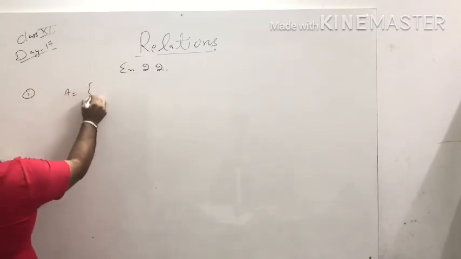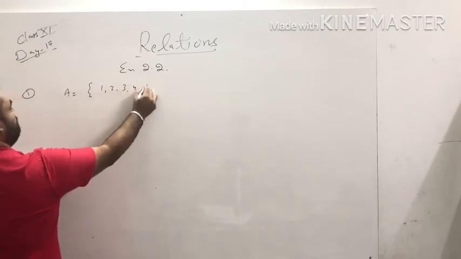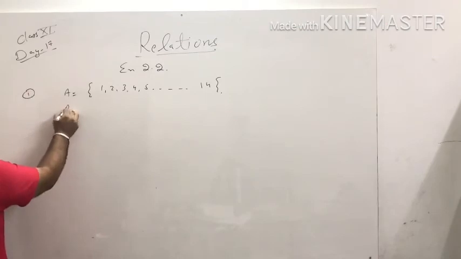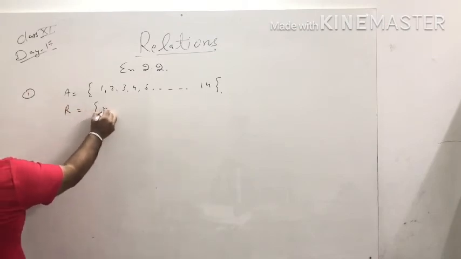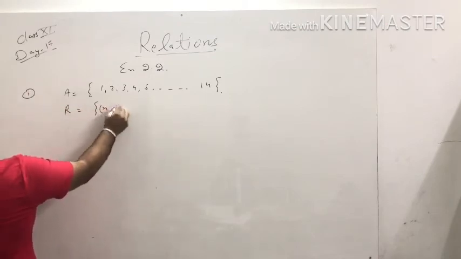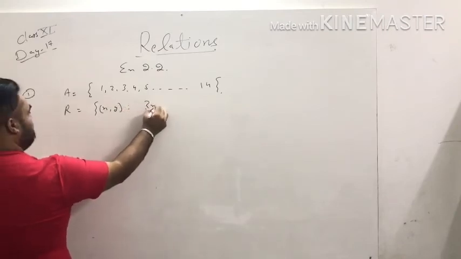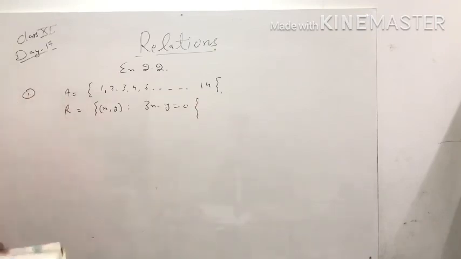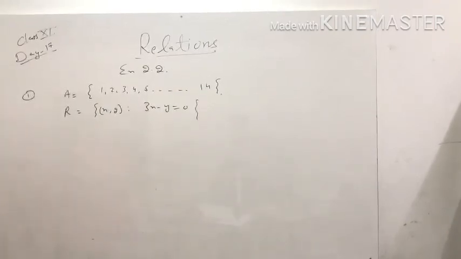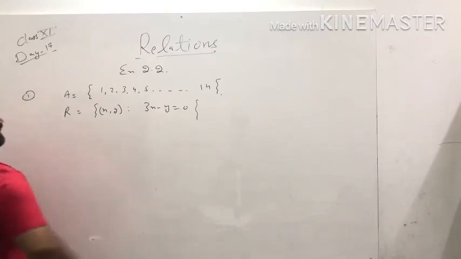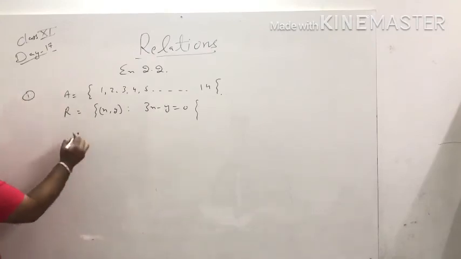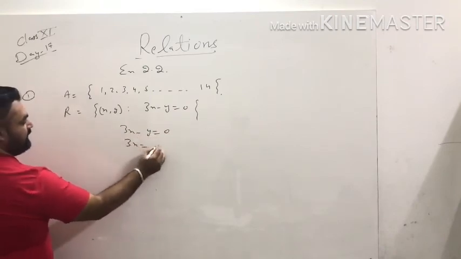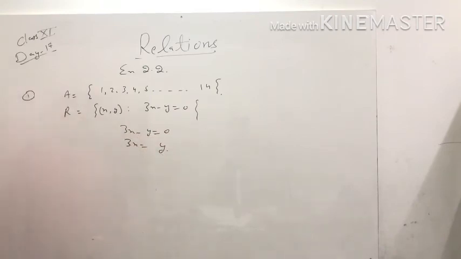A equals {1, 2, 3, 4, 5, up to 14}, and the relation is {(x, y) such that 3x minus y equals 0}. Now this is the condition and we have to find the relation. So the condition is 3x minus y equals 0, that is, 3x equals y.